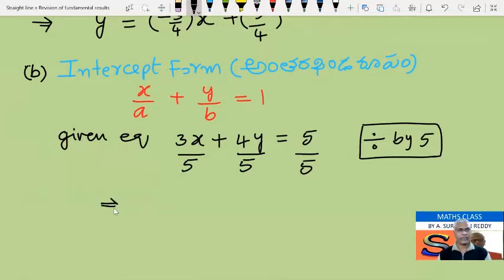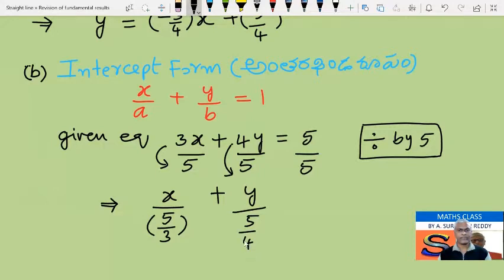So by dividing by 5, this can be written as x by 5 by 3 plus y by 5 by 4 is equal to 5 by 5, that is 1.